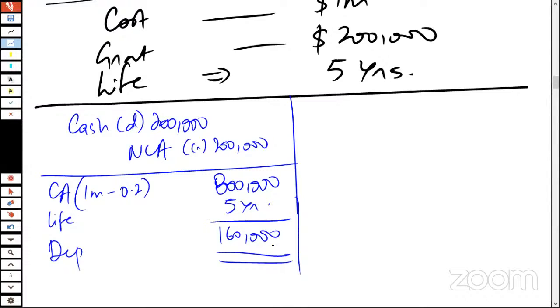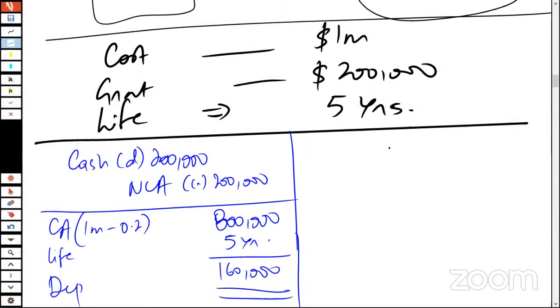Now, what next? The second thing that you could do is this. The cost of the asset is $1 million.